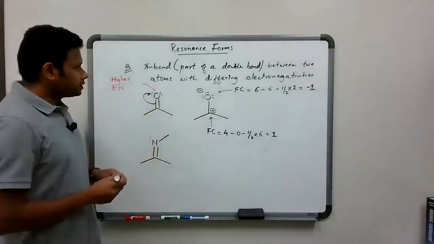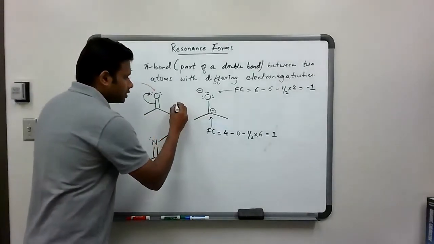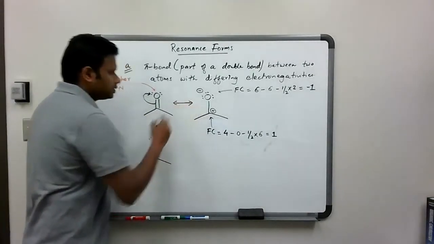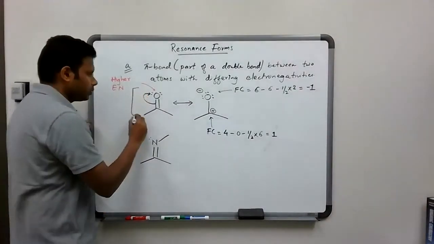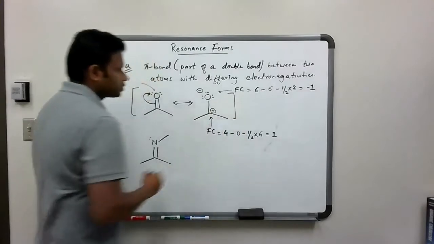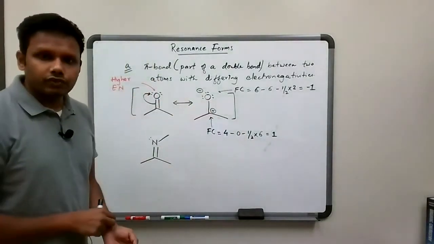Since these are resonance forms, they are shown using this double-headed arrow between them, and you enclose these within square brackets. So that would be the resonance form in this case.